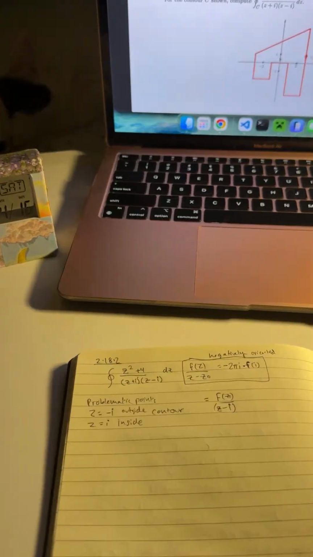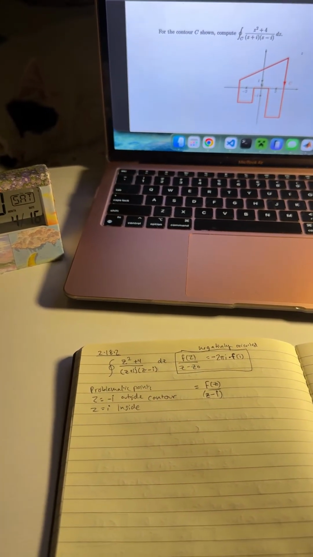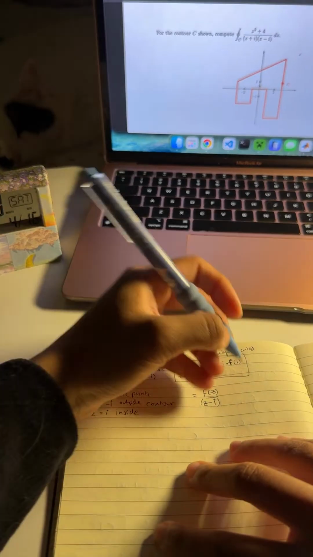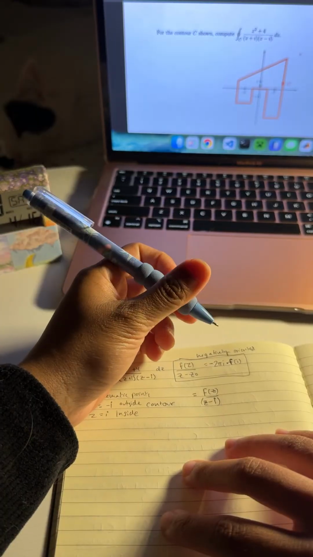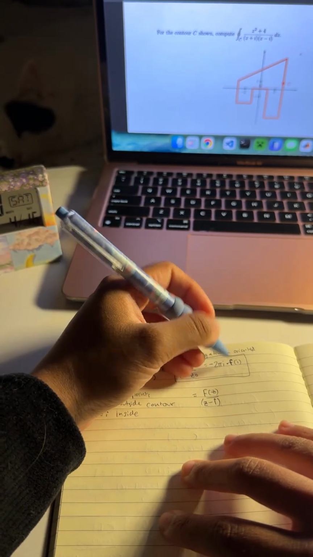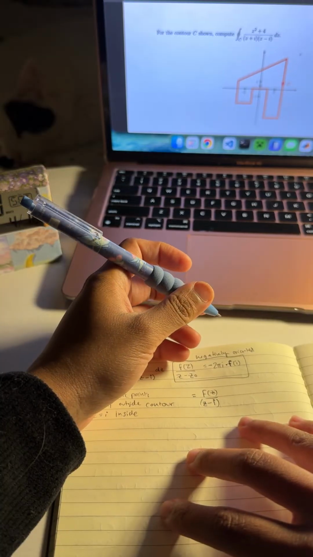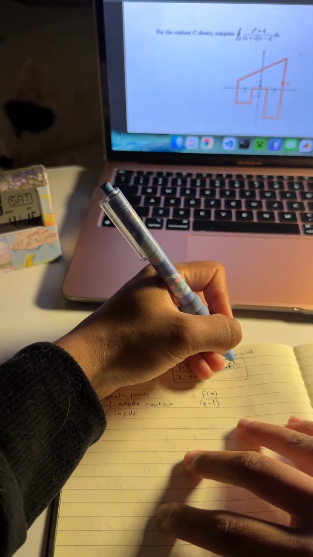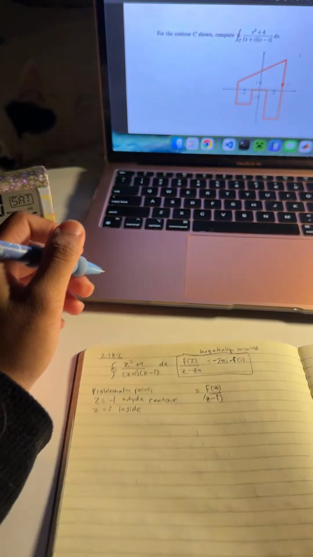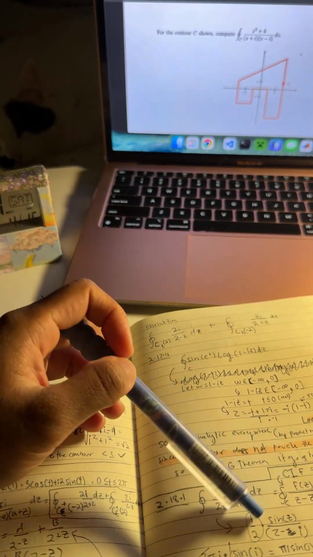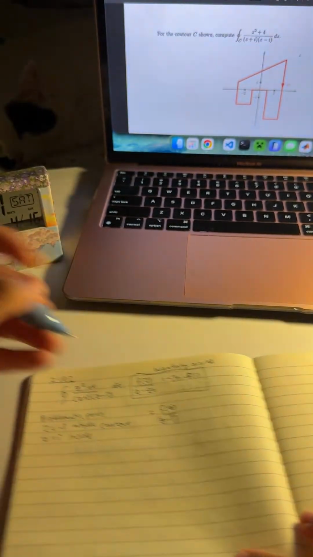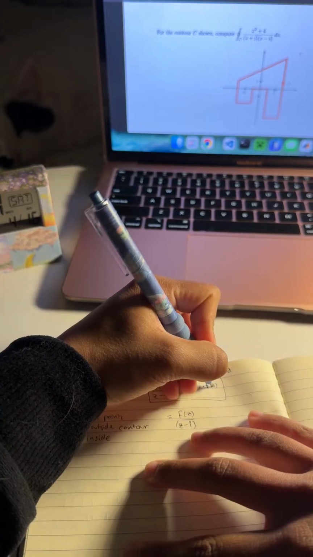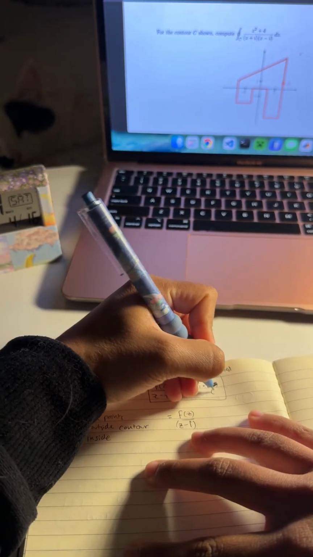So that's what we're working with. But yeah, the thing we want to do is times f of z naught, right? What was the formula? It's 2 pi i times f of z naught.